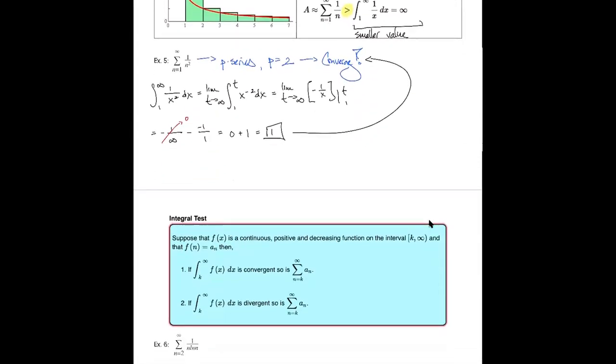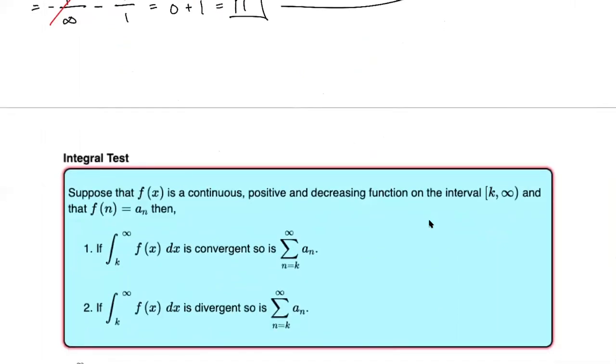So here is the integral test, okay? So a few things need to be in place. Our function that we're modeling it after has to be continuous. So we don't want any holes or asymptotes in the section that we're looking at, okay? So 1 over x is not continuous, but it is from 1 to infinity, so we're okay.